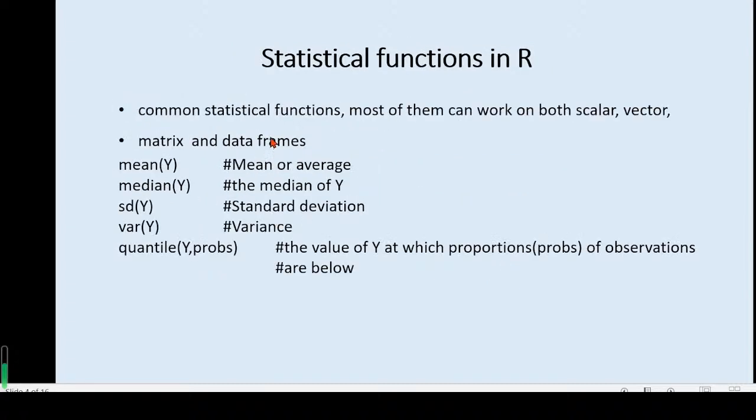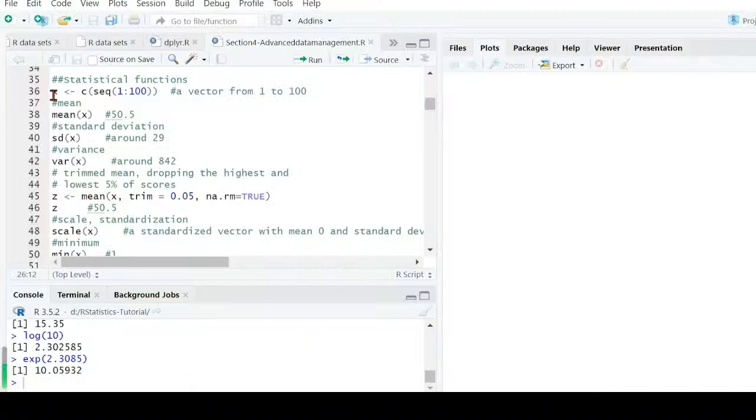And for the statistical functions, most of them can also work on scalar, vector, matrix, and data frames. So mean, median, standard deviation, variance, and quantile. So x is a sequence number vector of 100 numbers, then the mean average of this vector, the standard deviation of this vector, then the variance.